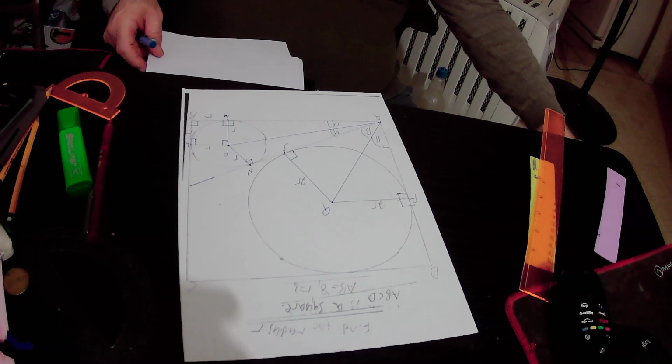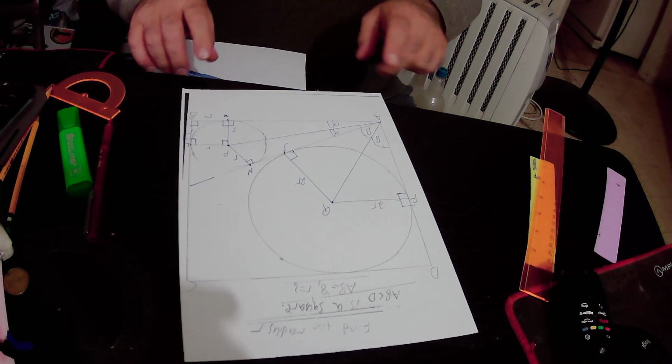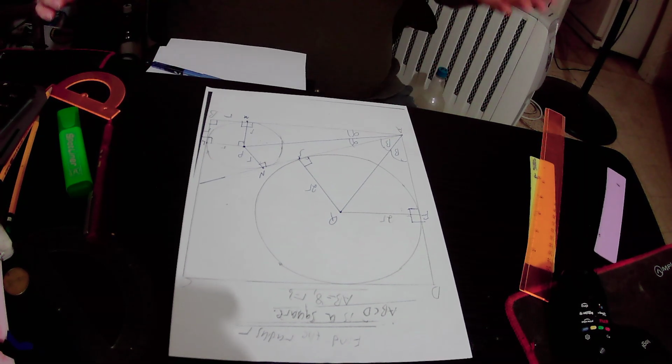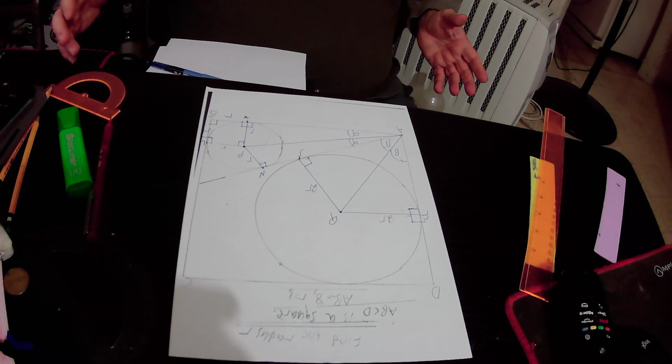But we know that the size of side AB is actually 8 units.